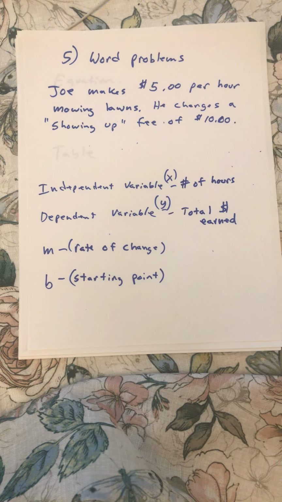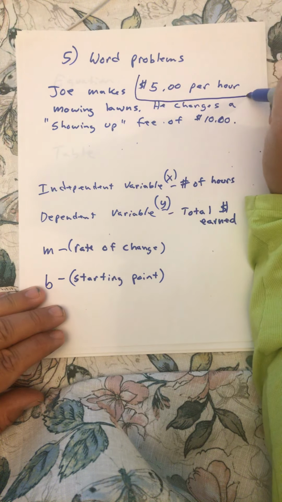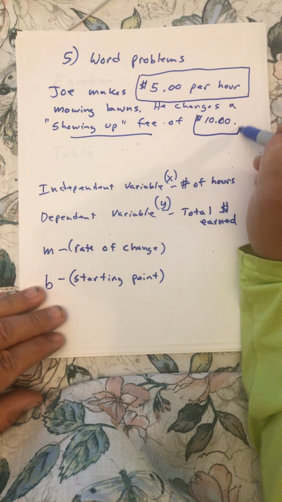But we're still trying to write an equation here, and there are two numbers inside. That's where our slope, which is our rate of change, and our starting point, or where we begin, come in. So we have to look at this. I see, and it's important to remember, $5 per hour, and I see a startup fee of $10.